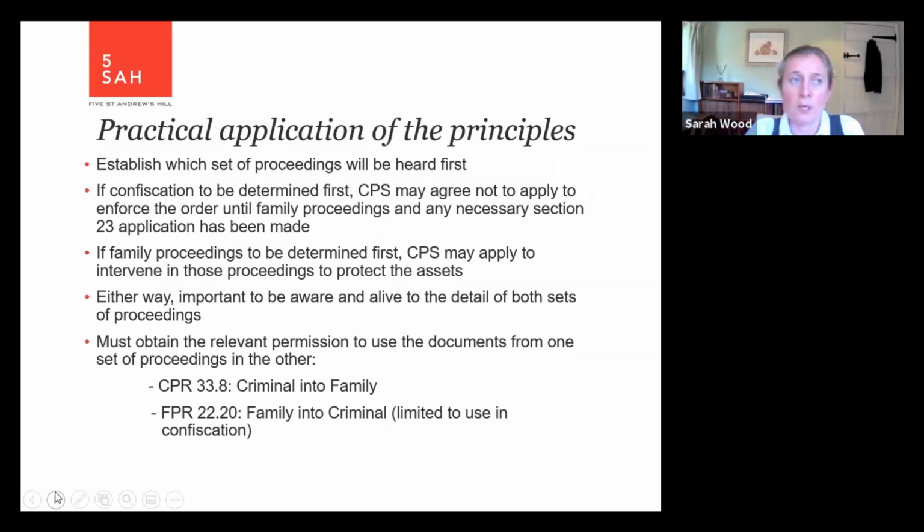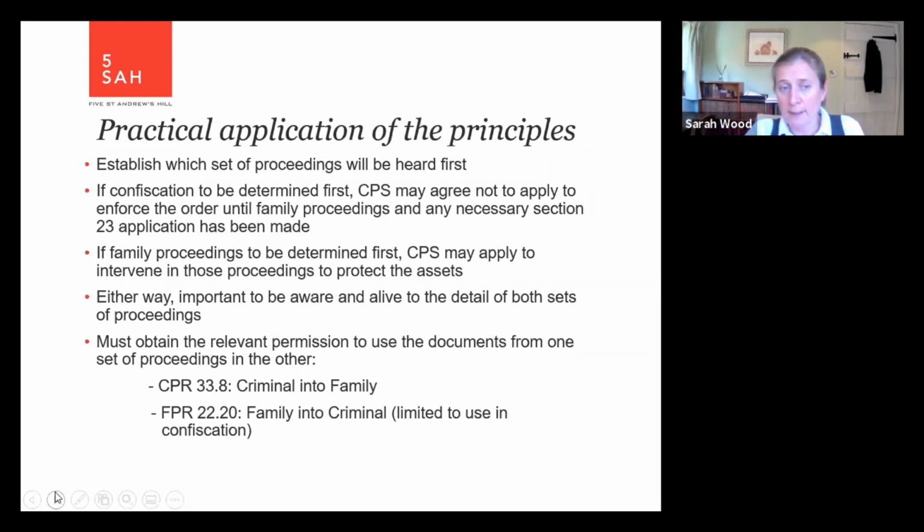So if, for example, the CPS take the view that the matrimonial home has been purchased through tainted funds, or if it suspects that the wife had knowledge of that, then it may seek to intervene in the family proceedings in order to effectively take those assets out of the equation for distribution so that they can be used in the confiscation proceedings.